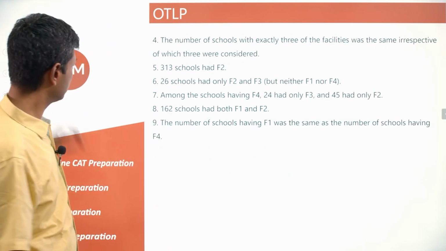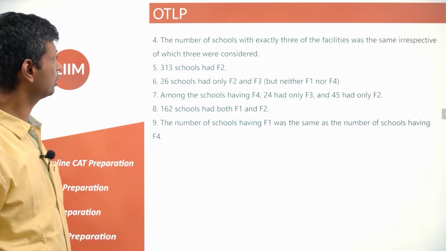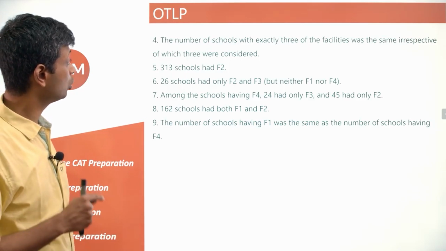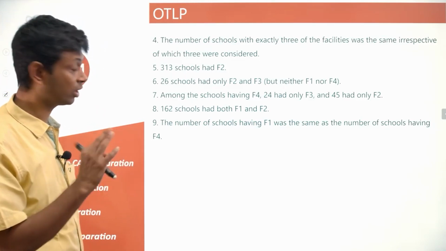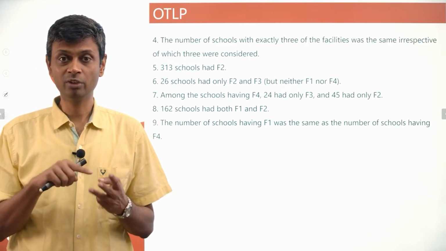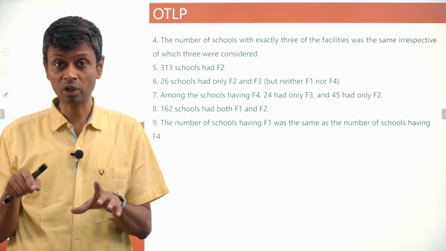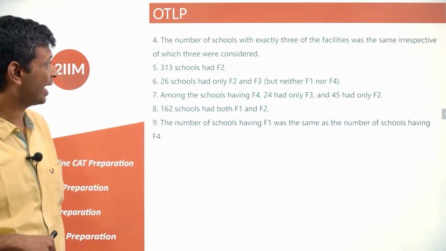So let's see the subsequent set of constraints. Just glance through it, but not really take it too seriously. The number of schools with exactly 3 of the facilities was the same irrespective of which 3 were considered. This is interesting. 1, 2, and 3, 1, 2, and 4, 1, 3, and 4, 2, 3, and 4. All 4 numbers are equal. And 313 schools had F2.